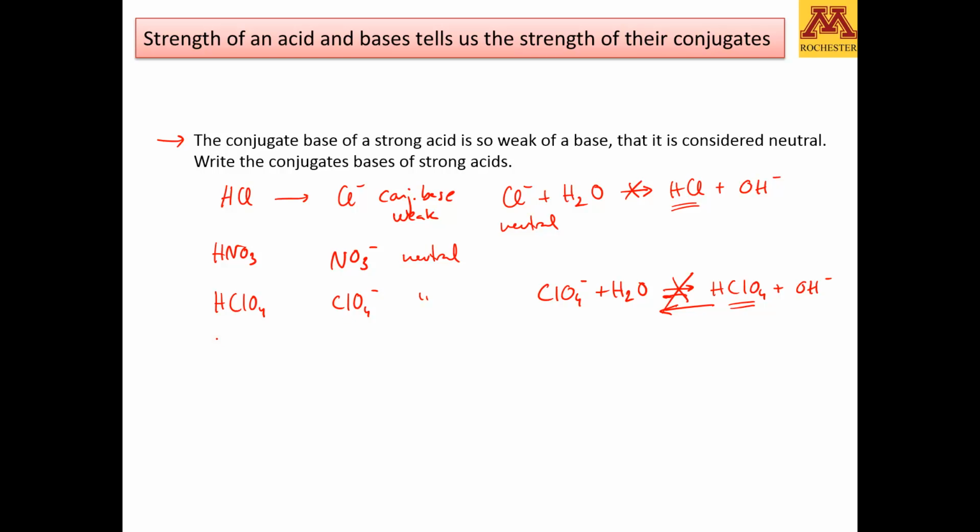Alright, we can say more. We said sulfuric acid, maybe the second proton is kind of strong, but not completely. Sulfate is typically, we can say, a neutral ion, and so on and so forth. We can write them all, but chlorate, again, is neutral, and of course we have the bromide and iodide.